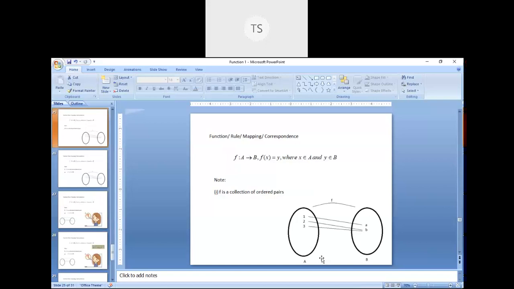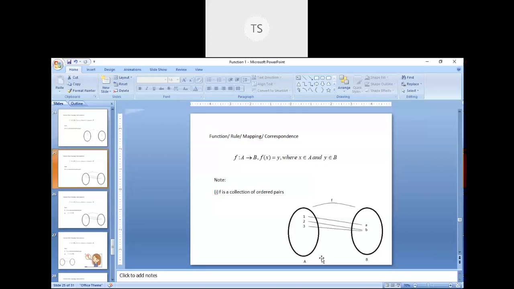But see, this 1a, 2b, 3b. Why have I not written 1b also? I have only taken 1a. Why have I not taken 1b? For this question, let us go to the definition of function.